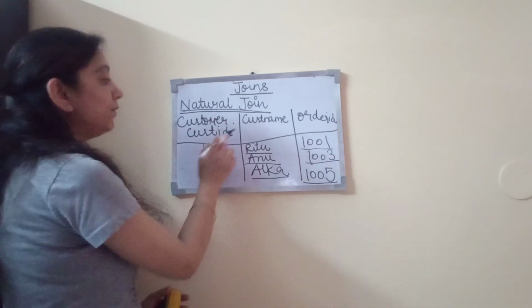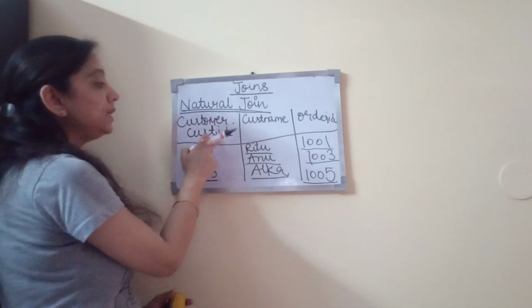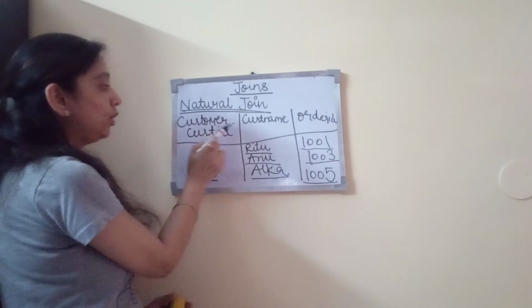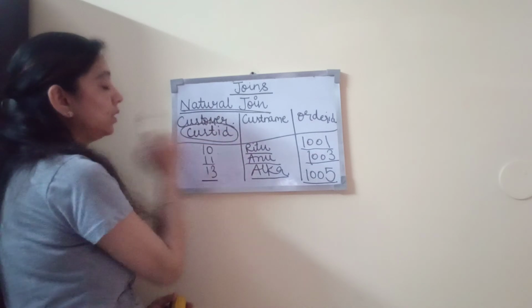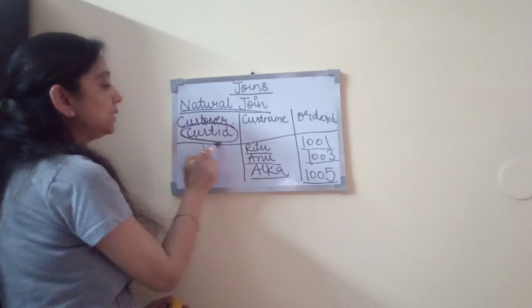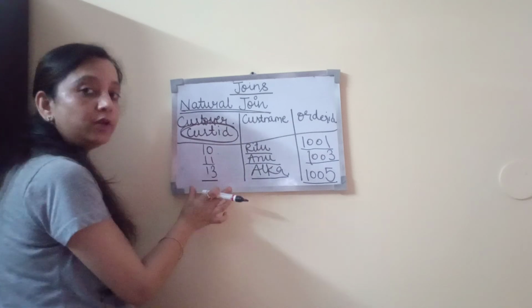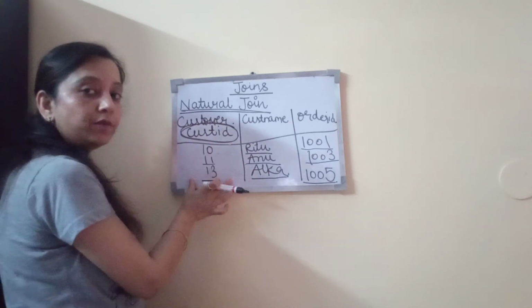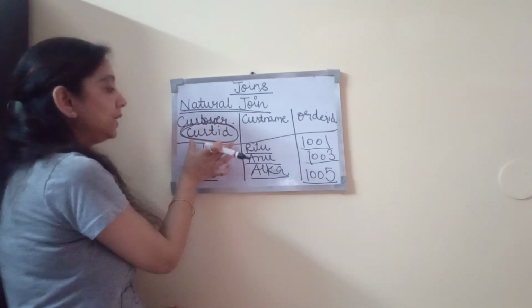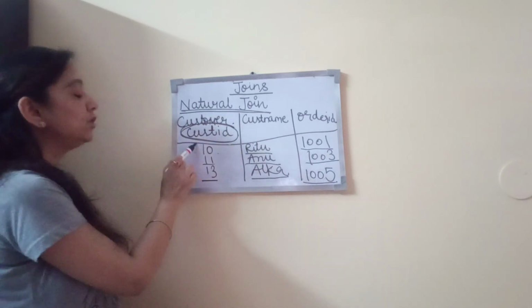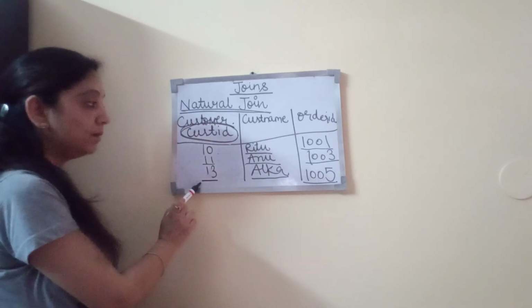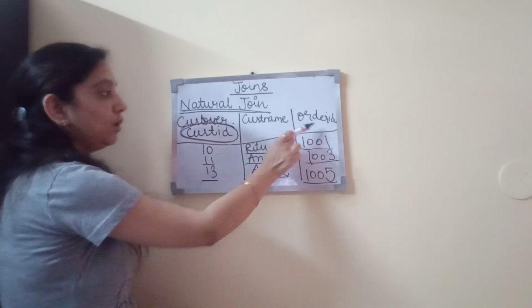So the only difference here is that the redundancy of the column is eliminated. The common column, that is the customer ID, is not repeated twice here. We just have one column for that in the resultant table. Then we have the customer name and order ID.